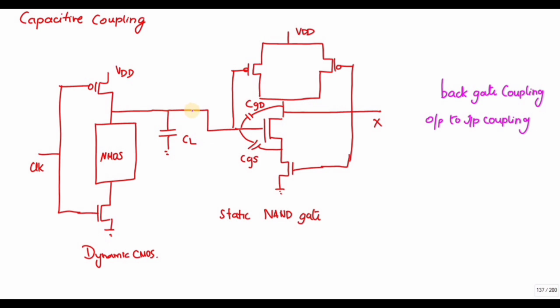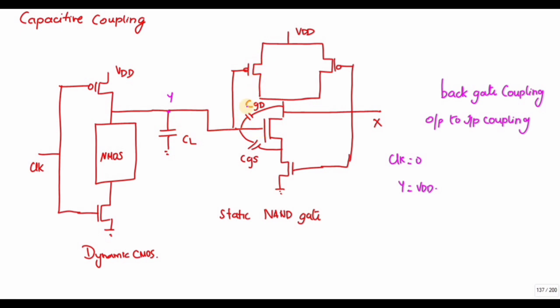Okay. So consider during the pre-charge phase, the clock is 0, and this x1, y, okay. This y goes to VDD. So if this y goes to VDD, this PMOS is turned off.